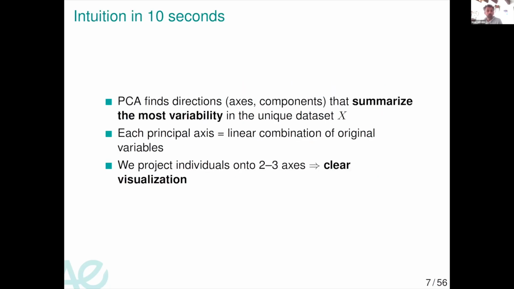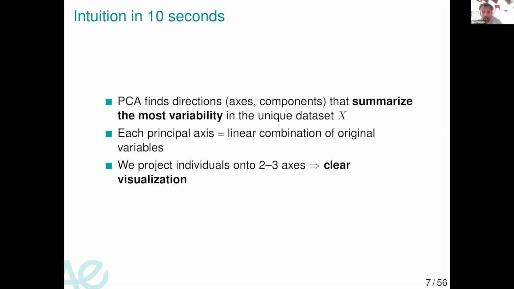So to give you the intuition in 10 seconds: you have a data set with a lot of variables. A lot could mean 10, but it could mean several thousand, or millions, or billions of variables.